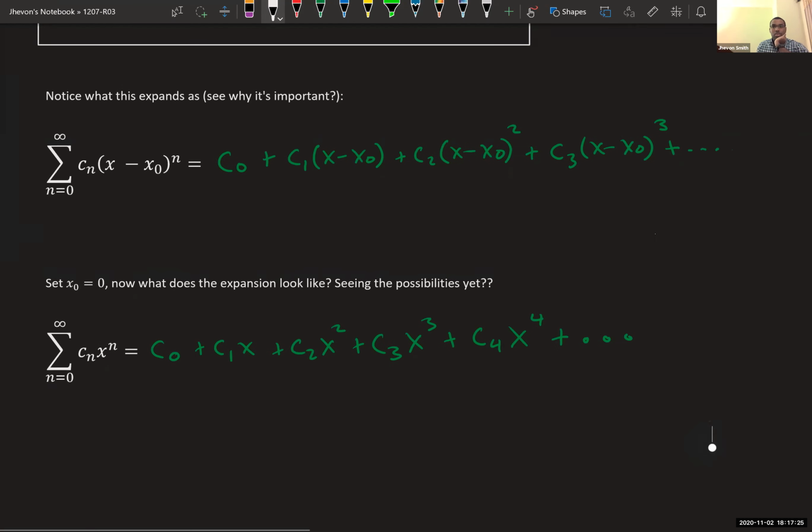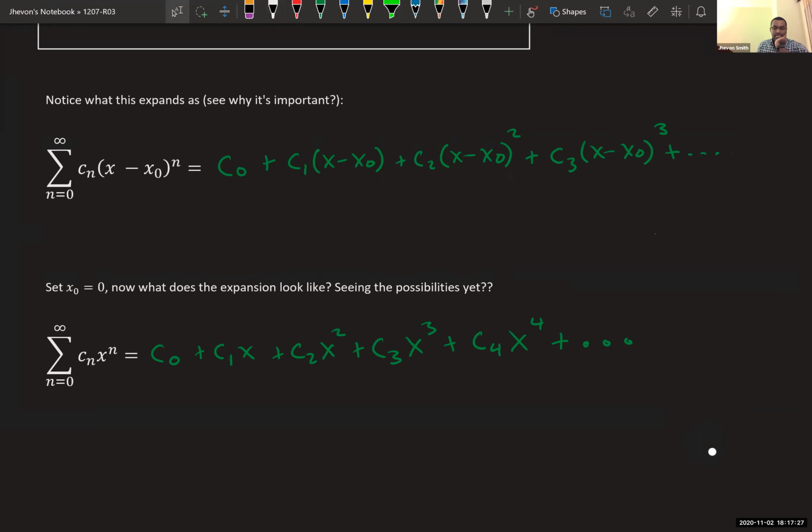Anybody? What does that remind you of? A geometric series? Almost, not quite though. Why would it not be a geometric series? Remember, a geometric series looks like A plus AR plus AR squared plus AR cubed, and so on.